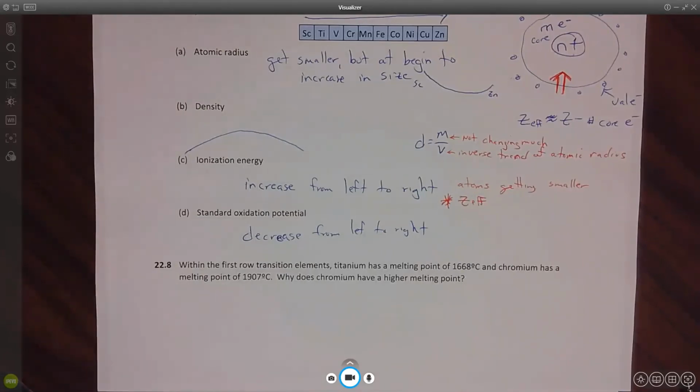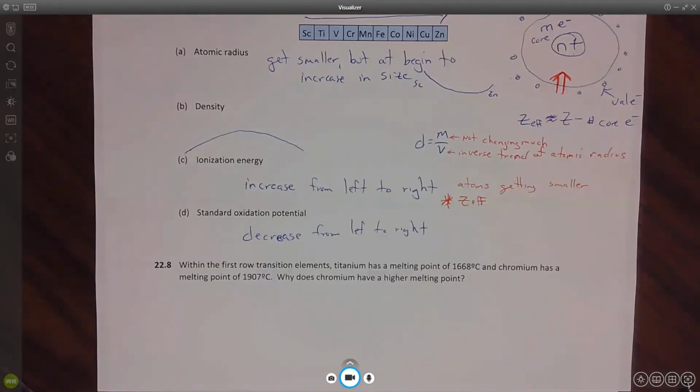Well, isn't it harder to break it apart because as it moves to the right, the ionization energy increases, so it's harder to break it apart? Well, do you remember when we talked in Chem 110 about the melting points of covalent and ionic compounds?